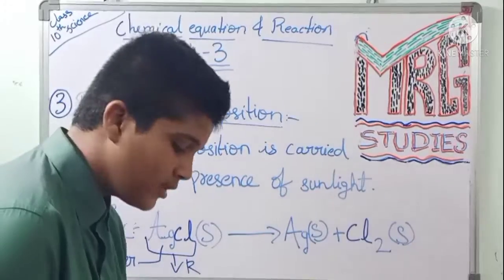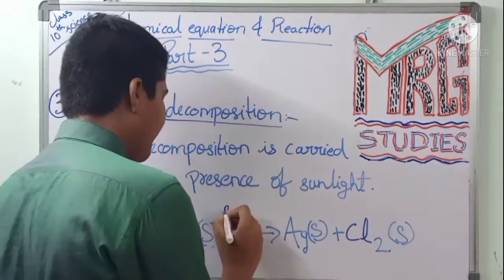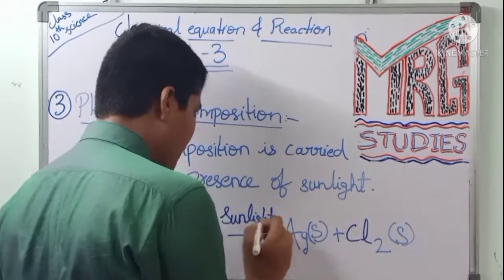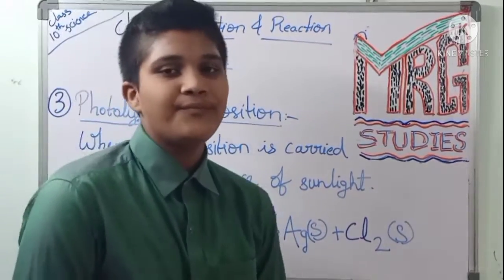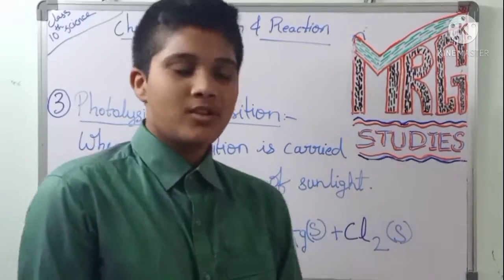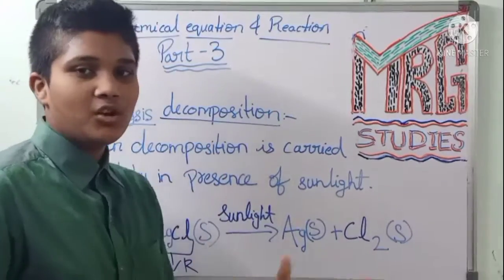Now we do this chemical reaction in sunlight. By sunlight, this substance will split into two other substances. That happens because of sunlight, so it is called a photolysis decomposition.